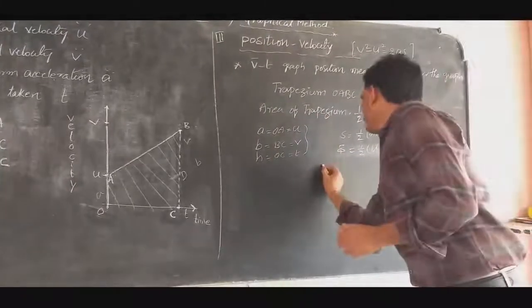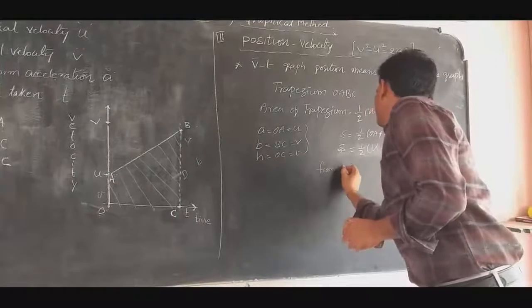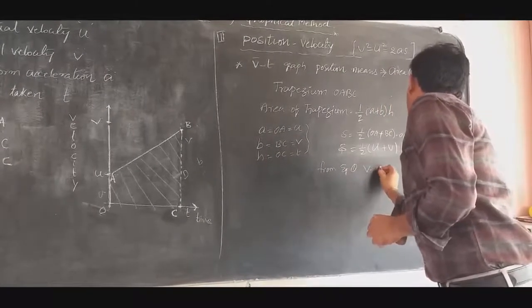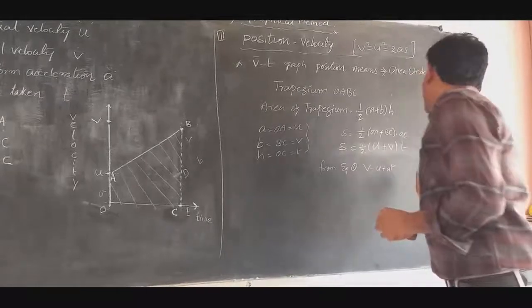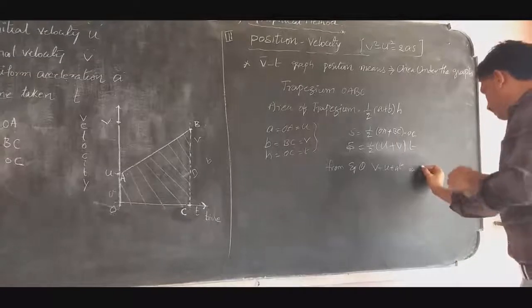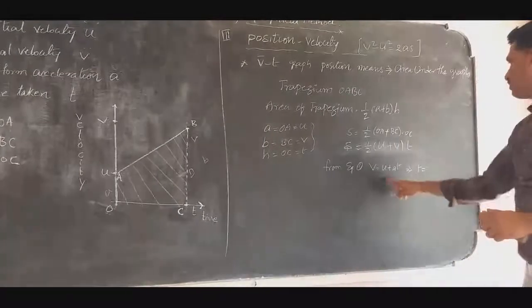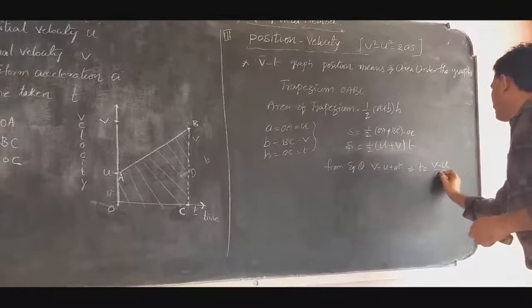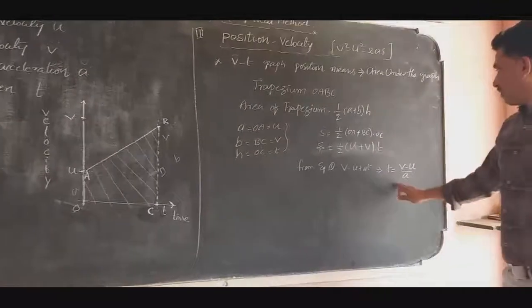Now, from equation 1, you know that V equals U plus AT. You can also write this as T equals V minus U by A. Yes or no? Can I write like this or not? Yes.